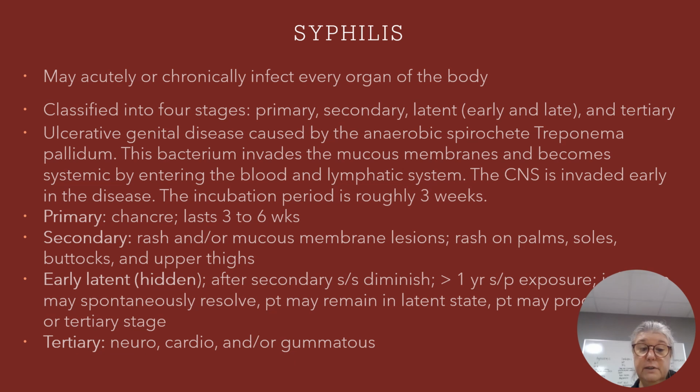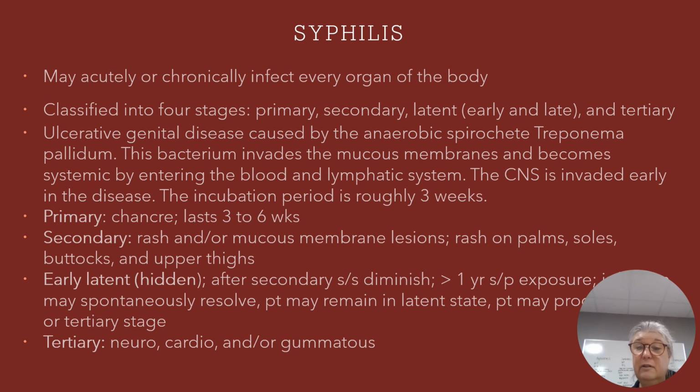All right, moving on to syphilis. Syphilis, I really like syphilis. It's a spirochete. I'm sure I've put a picture in here of it because it's super fun. Syphilis is a complex chronic infection that has the ability to acutely or chronically infect every organ of the body. Every organ, okay?